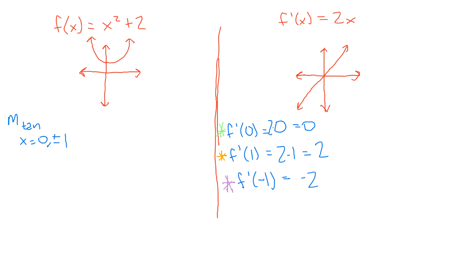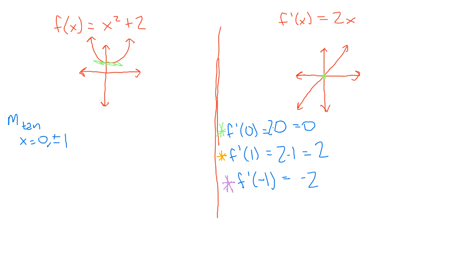So let's look first at our tangent line at 0. If we draw that out, we can see that looks right, it's just going to be a horizontal tangent line. We can also see that right here it hits at y equals 0.